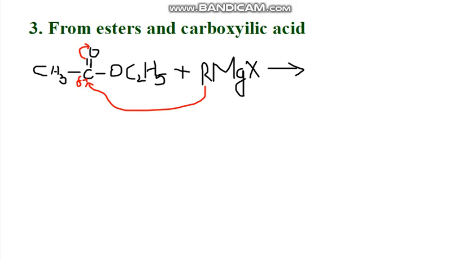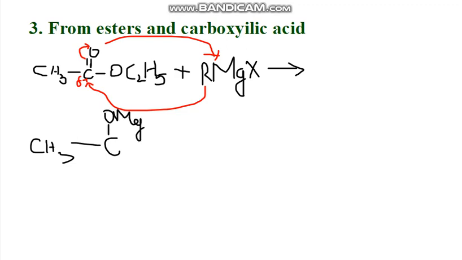Then to this oxygen, this metal will go and we will get the product CH3, C, OMgX, then here this R group will come, then OC2H5, isn't it?